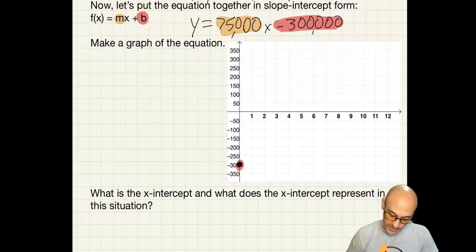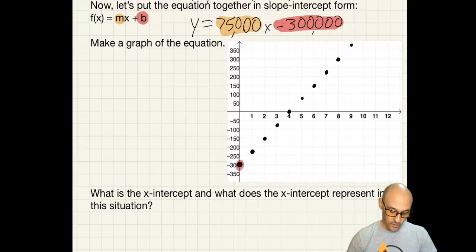So up 75,000 from negative 300,000 will be negative 225,000. We move to the right another year and go up another 75,000. And so this is going to be our pattern right there.